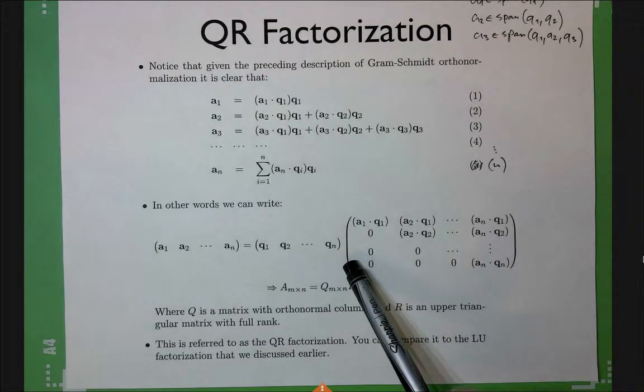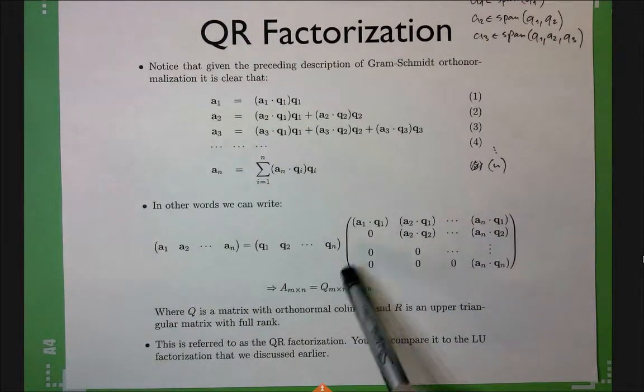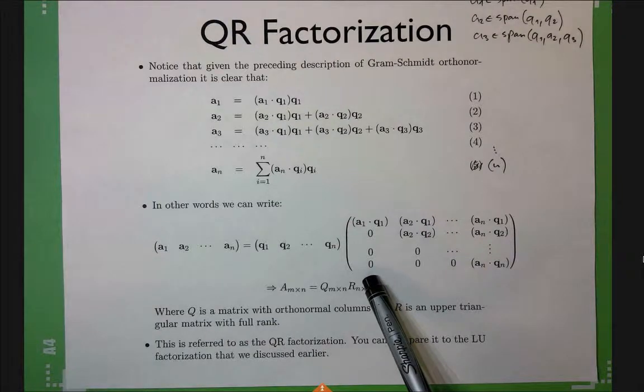There are better numerical routines, because as you know from LU, when we were talking about Gaussian elimination, you have to be careful about these numerical issues. So there are actually better numerical algorithms for computing QR than Gram-Schmidt. There is a method of Householder reflections, but that's advanced stuff.